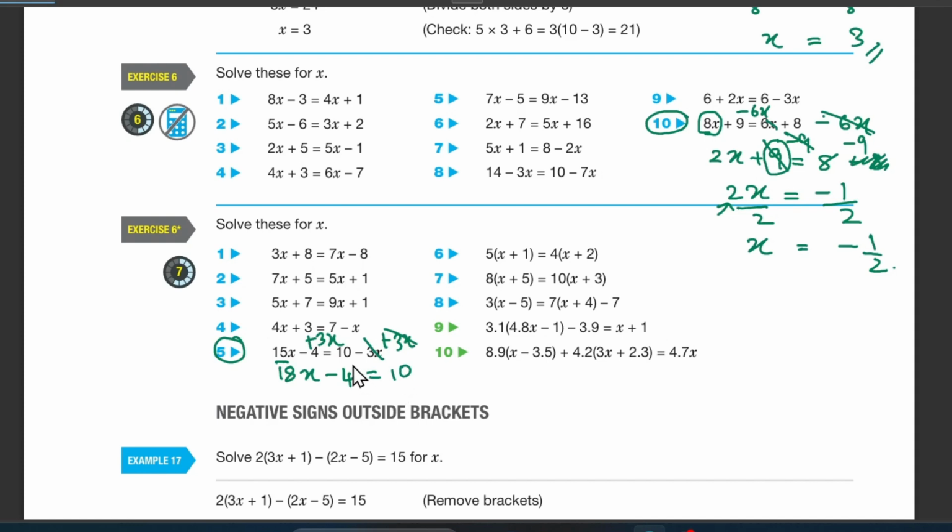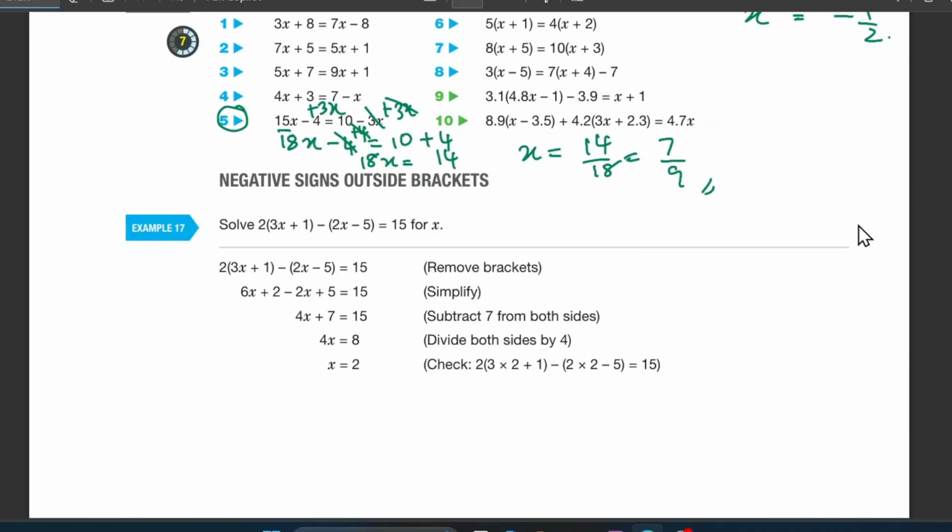So now I add plus 4 to both sides. Then these two cancel out. 18x equals 14. So now we can find the value of x. 14 over 18, which can be written as 7 over 9.